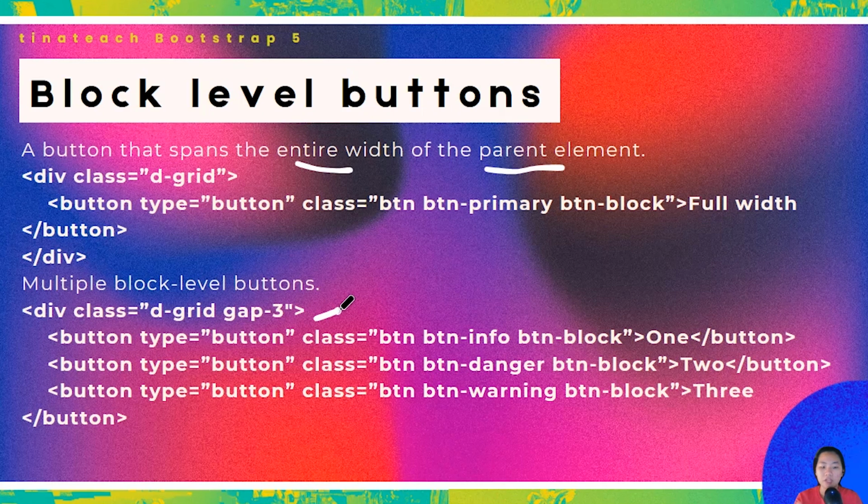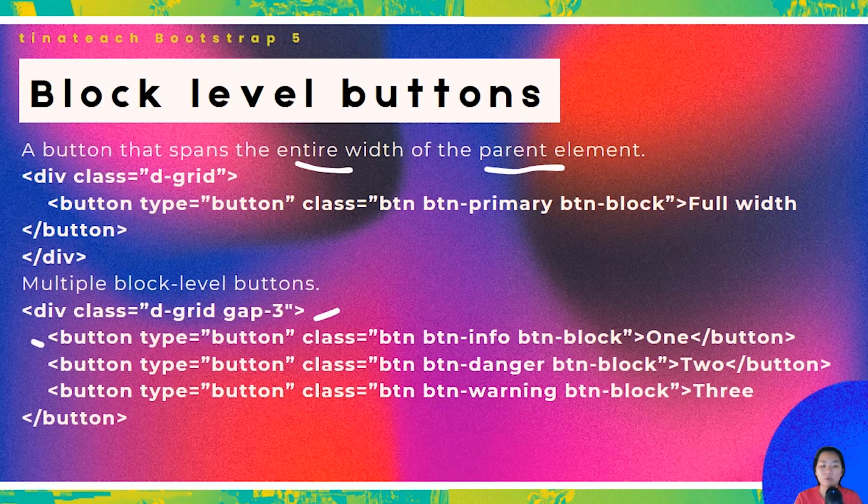Same thing, d-grid gap-3. The gap-3 here specifies the gap between each of these buttons. The bigger the gap, the more spacing in between them, the smaller the gap, vice versa. It's just button type button, class btn, and then btn-info for the color, btn-block to tell HTML that this is a block level button, and 1, 2, 3, and that's it.